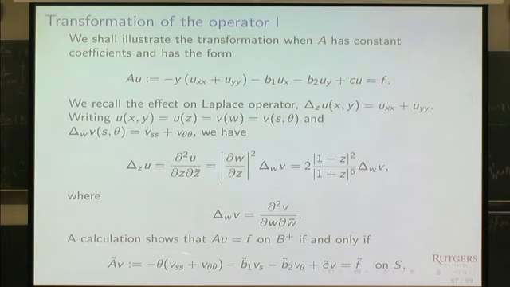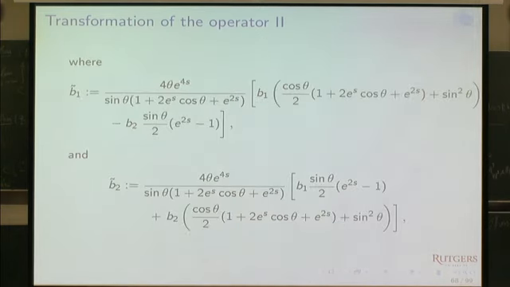So the second order part, the degeneracy, is preserved with exactly the same structure. And then the only issue is, what do these coefficients, B1 tilde, B2 tilde, C tilde, and F tilde, look like? As you might expect, they have certain growth properties as you go out to infinity.